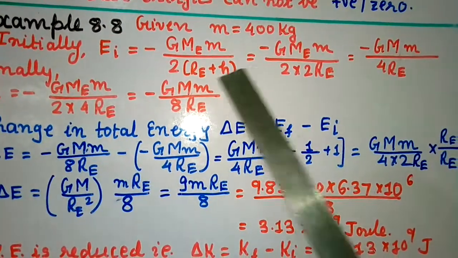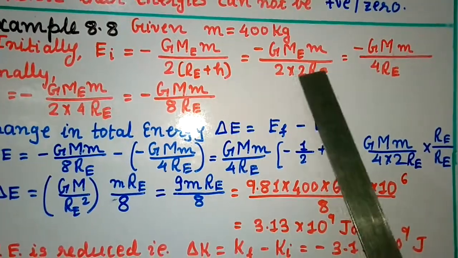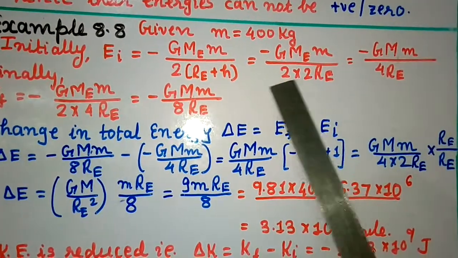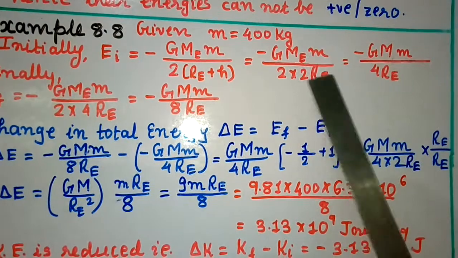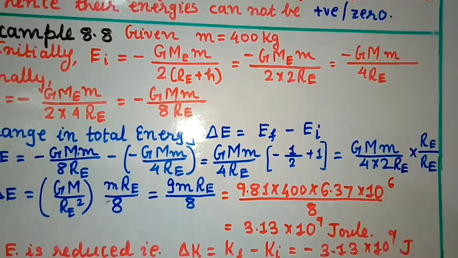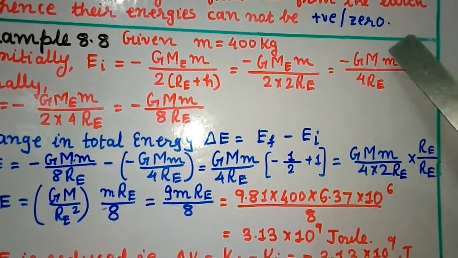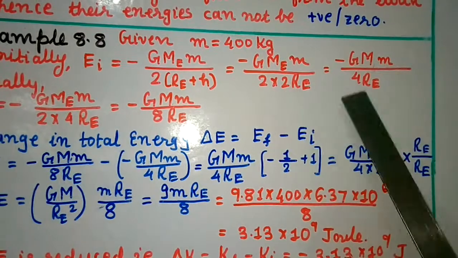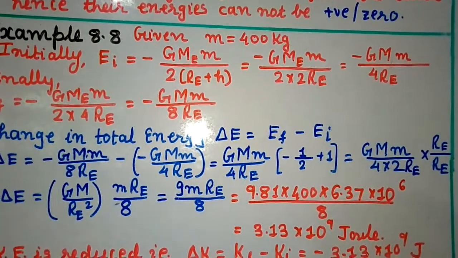Now Re plus h I'll write as 2 Re, this distance is given to us. So minus GMm as it is, 2 into 2 Re. So this gives you minus GMm, I have written M just omitting the suffix e, telling that this is the mass of the earth, and this small m, divided by 2 into 2, 4 Re. So that is the initial energy.